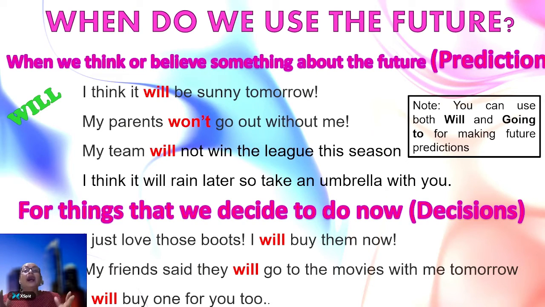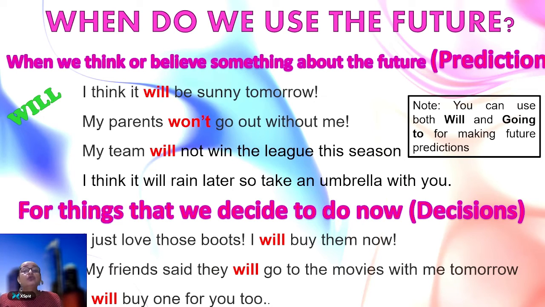Another sentence is, I think it will rain later, so take the umbrella with you. I'm making a prediction that it's going to rain. It may not, but I'm telling you that it is a prediction. So remember, we use will for a prediction. When you are predicting something, you must be able to use will in a sentence.